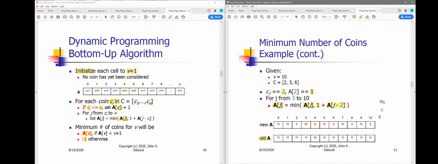Okay, so that is our second run through. We initialized everything to 11s at first. Now we've gone through again using our 2-cent coin, and we've been able to reduce the number of coins that we need for the even-numbered values in the array. All right, so I have copied that down here on the bottom of slide 13.